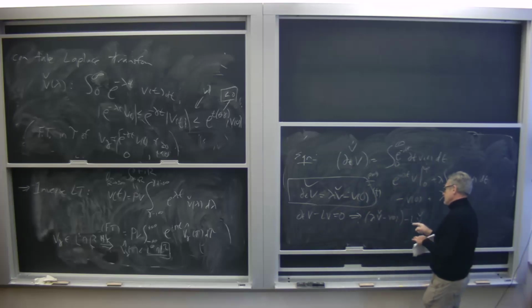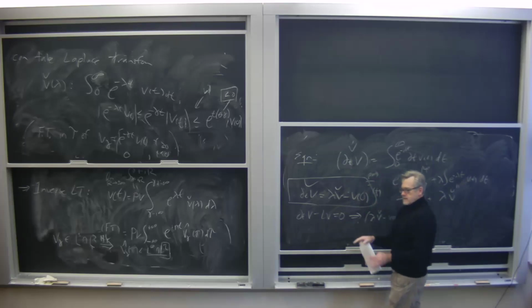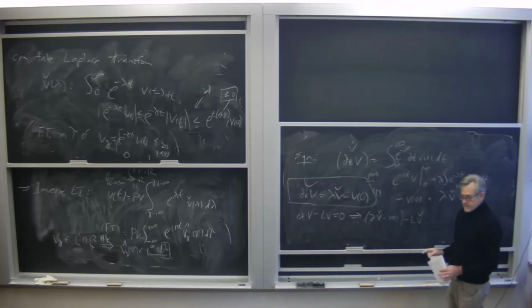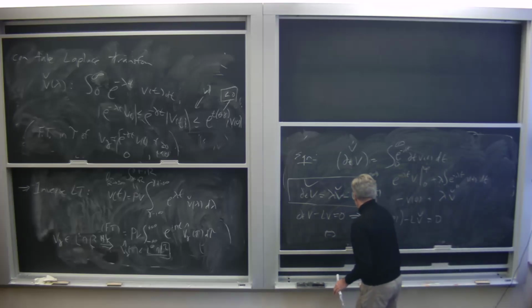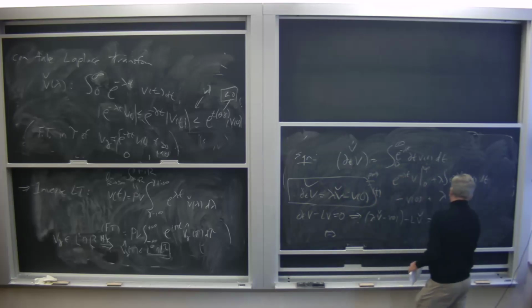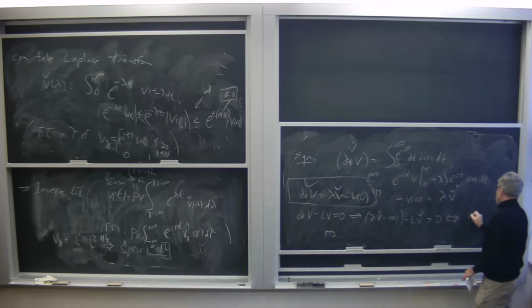So the transform of L v is L applied to the transform of v, and that's 0. Or we have, let's put it right here, lambda minus L times v check equals v of 0.